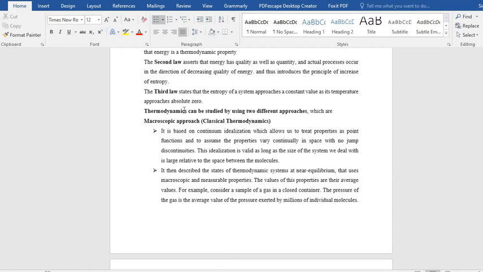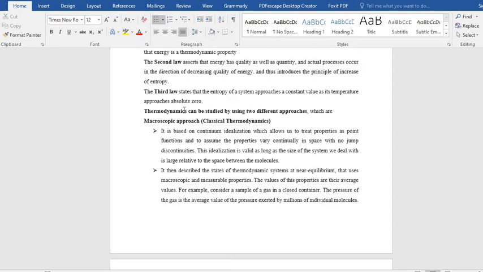The mean free path is the average distance traveled by a molecule before making a collision with another molecule. So if the Knudsen number is very low, that is, the characteristic size of the system is very high, then the continuum assumption is valid.